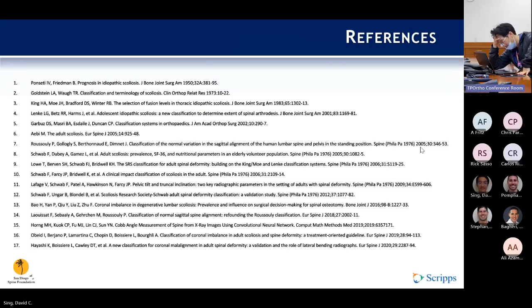But they're helpful in identifying the severity of the pathology, trying to understand the prognosis of whether the curve will progress. And ideally, these classifications get less complicated, not more complicated, and they're easier to apply and easy to remember.